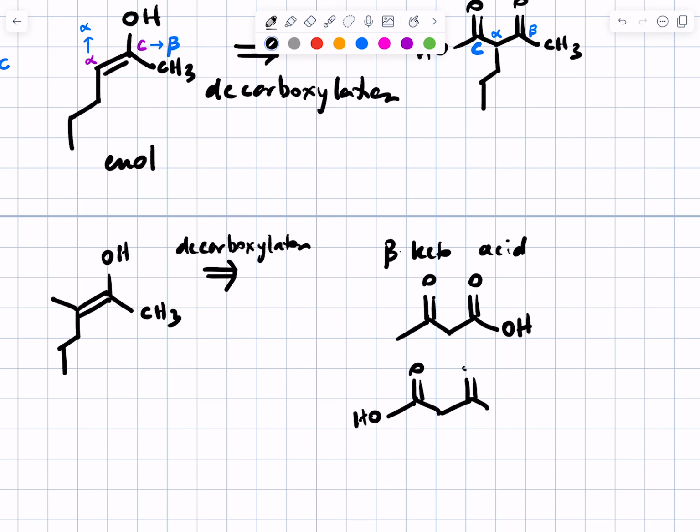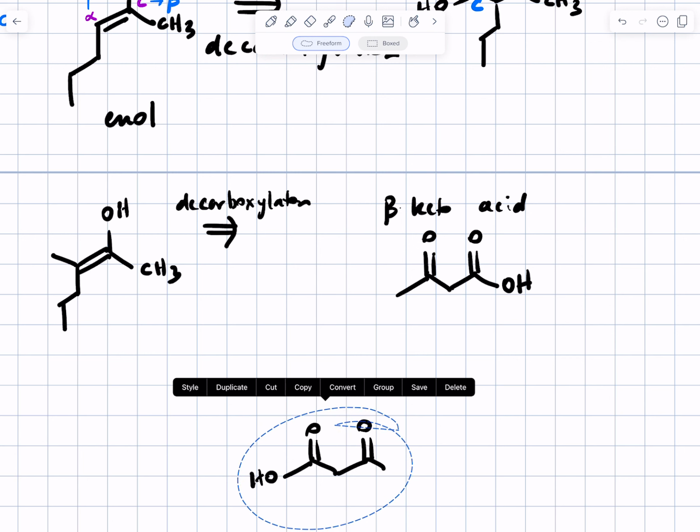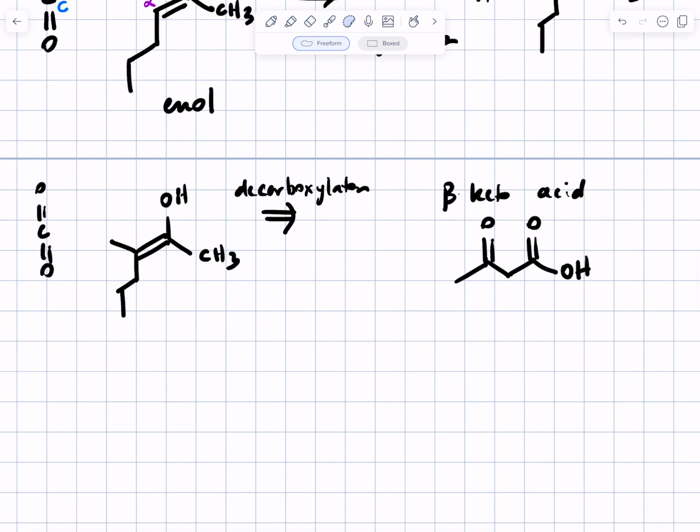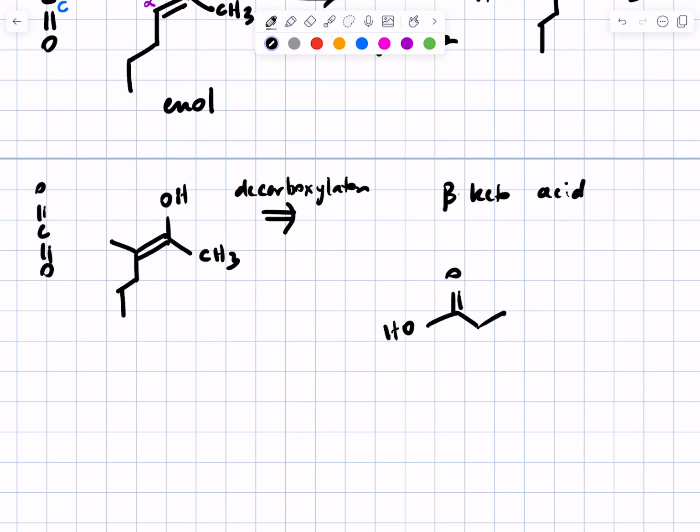Doesn't matter who's on the right or the left. Okay, what else? Actually, let's draw the acid group on the left, since that's how I chose to draw where CO2 was. Okay, what am I missing?